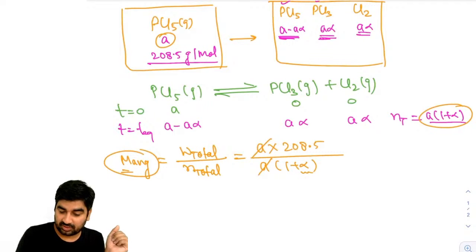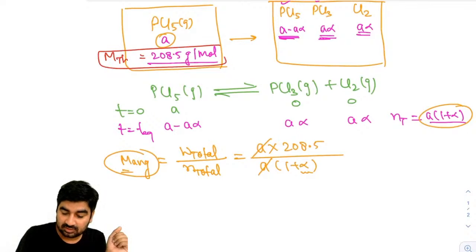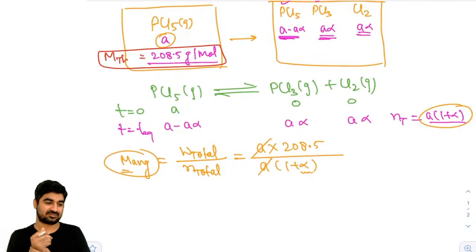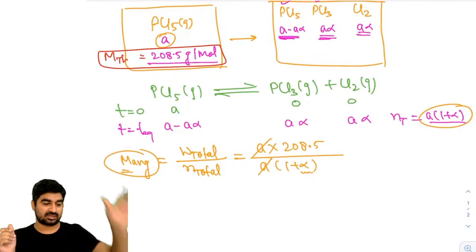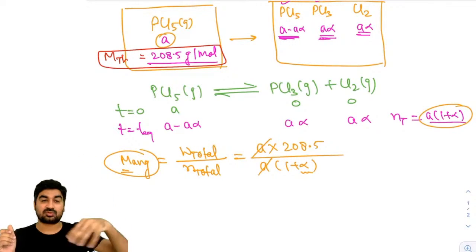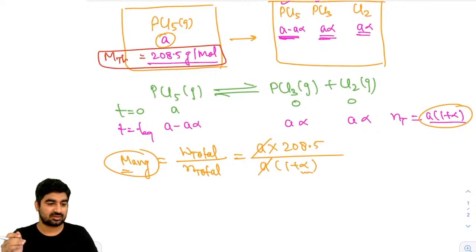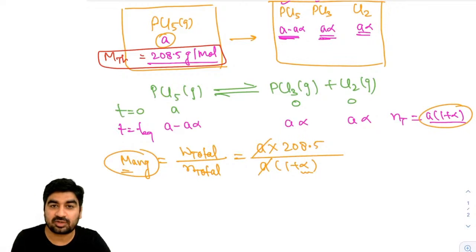This 208.5 we technically call the theoretical molar mass. Theoretical means when you have assumed there is no dissociation. So now you know about the theoretical molar mass.